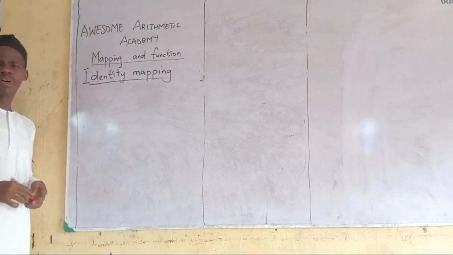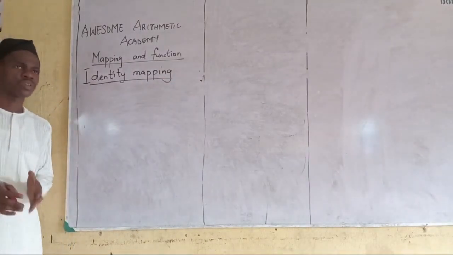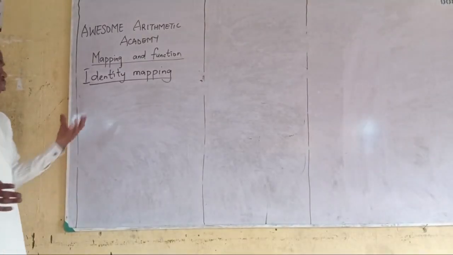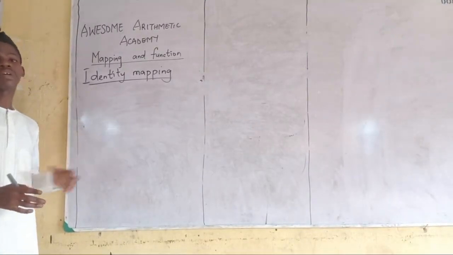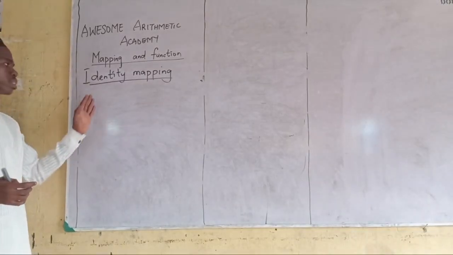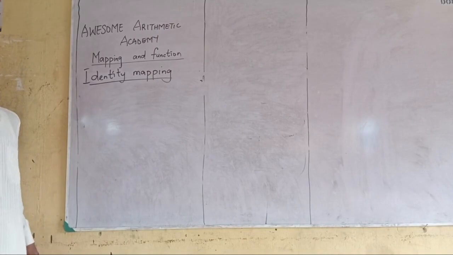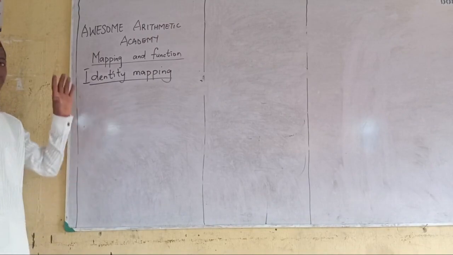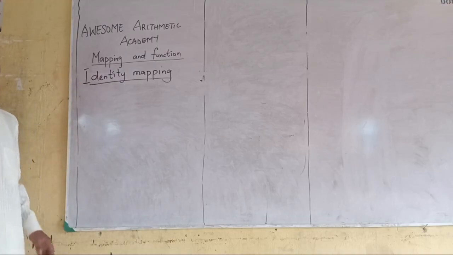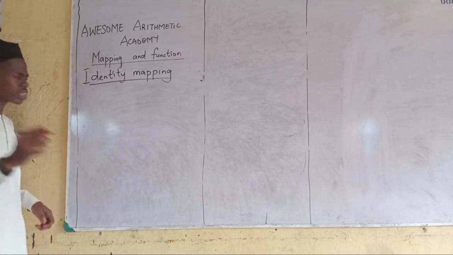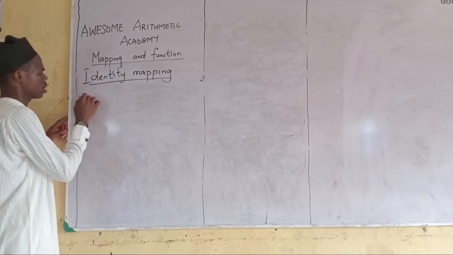Identity mapping is telling us that when all the elements at the domain are assigned to the same kind of element at the codomain, that is identity mapping.